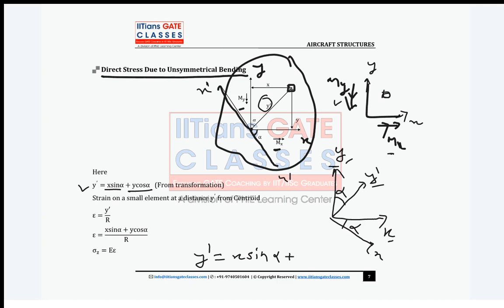The y component along y dash is y cos alpha. This is how you can understand the transformation in a simple way.